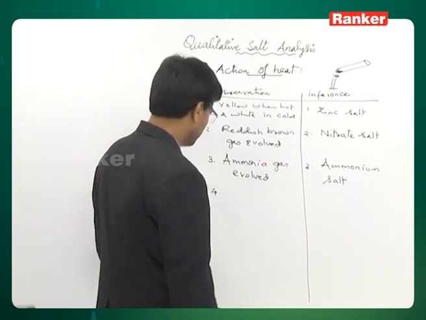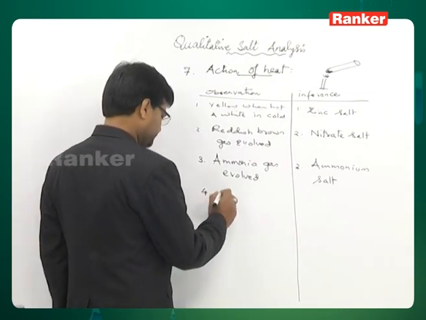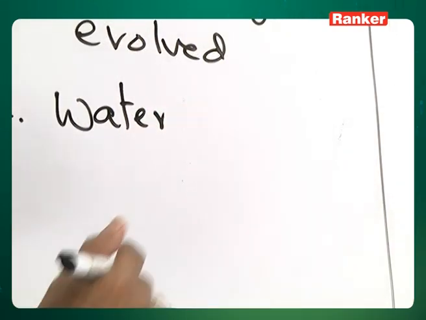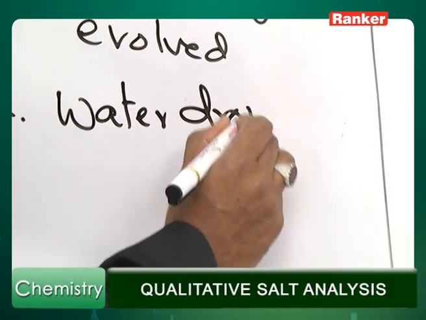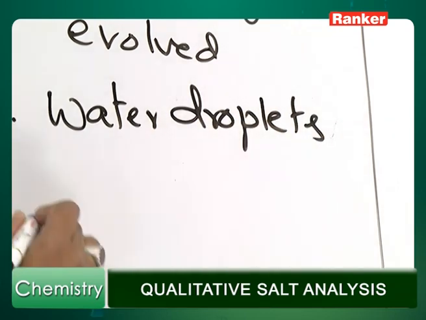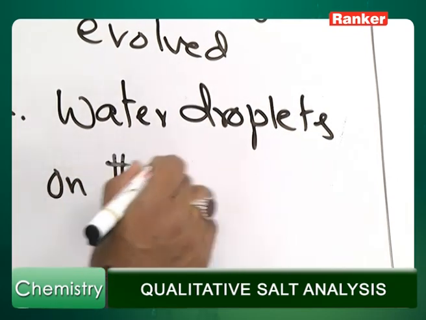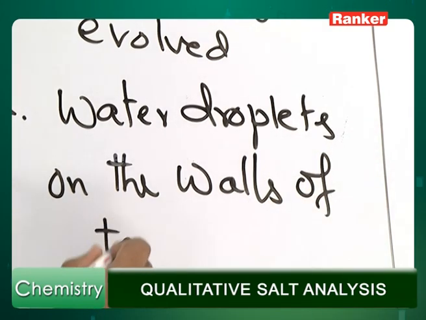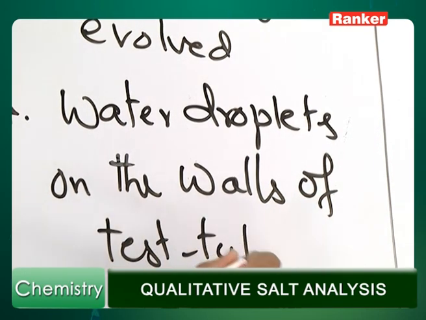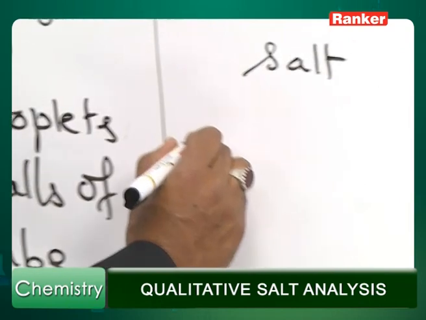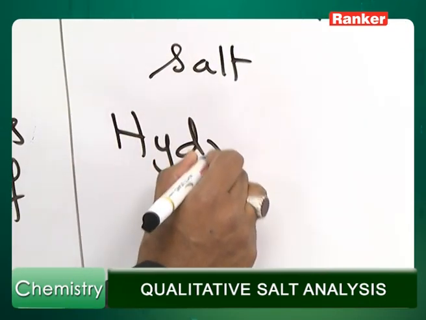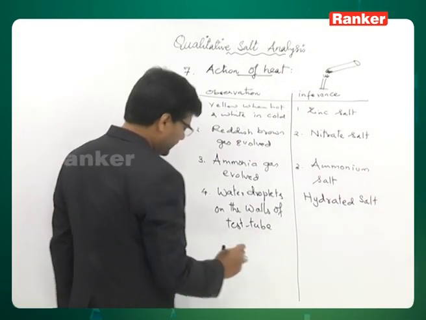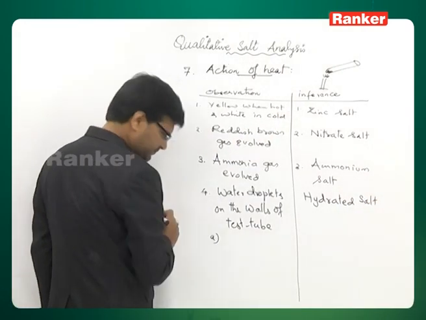Number 4. Water droplets on the walls of the test tube. The inference is hydrated salt. And here there are two possibilities.